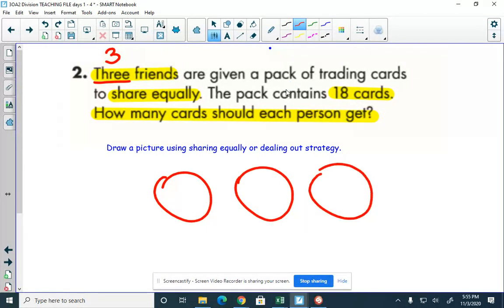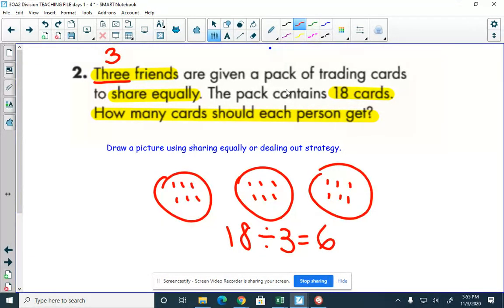They're also considered my groups. And I'm going to share out the 18. 1, 2, 3, and so on up to 18. So 18 cards shared among 3 friends means that each friend gets 6 cards. And that's answering the question I'm being asked.